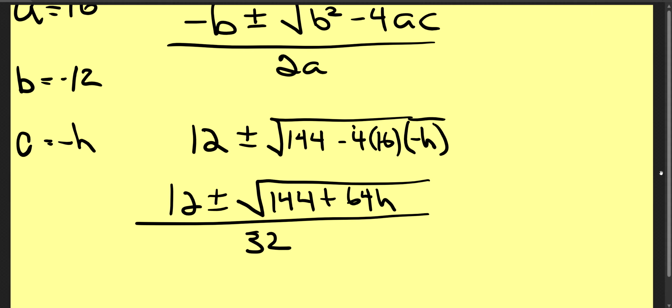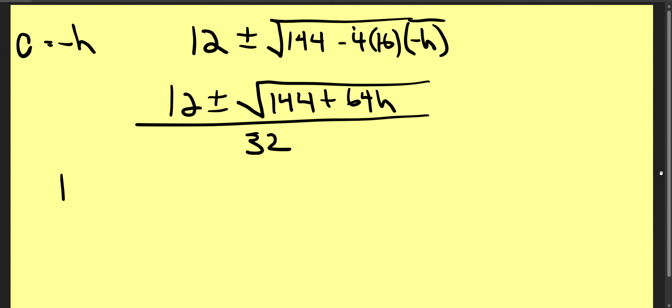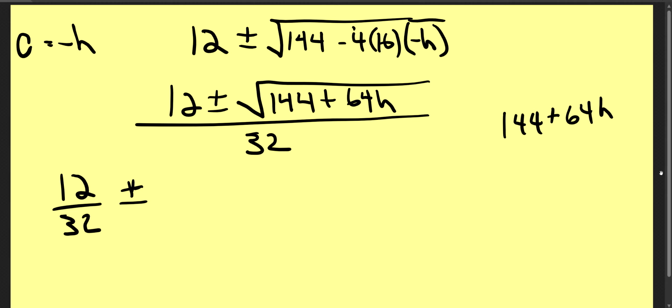Well, over here I can do something under the radical sign. I want to simplify this a little bit. So one part of my problem is going to be 12 over 32, and then I'll simplify that. Then it'll be plus or minus, and under the radical I've got 144 plus 64h.